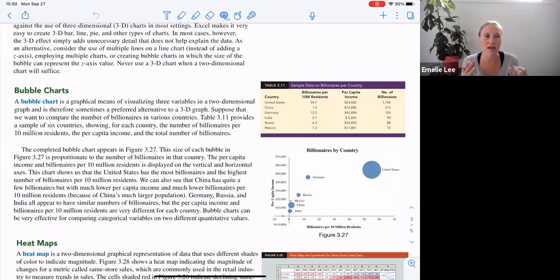So instead, we flatten it, bring it back to 2D, and if we want to look at 3 variables, then we can make a bubble chart.